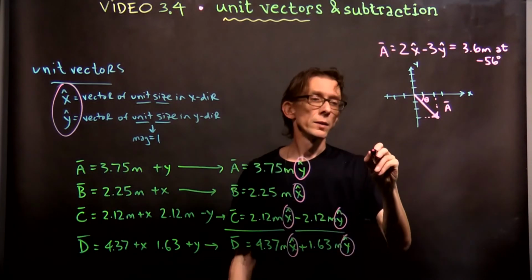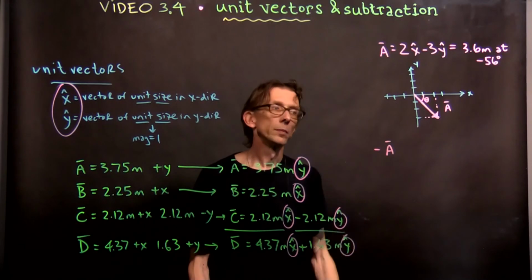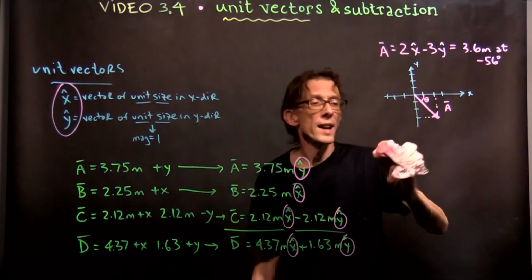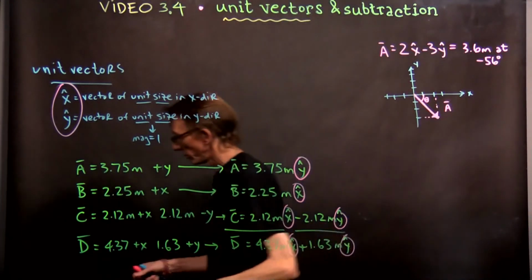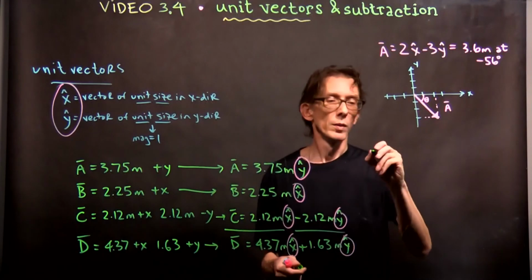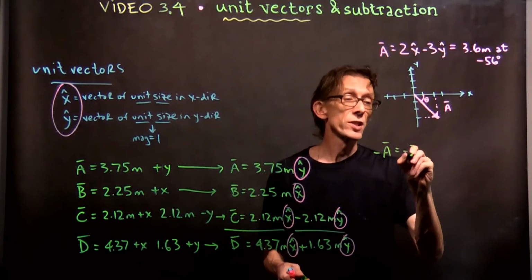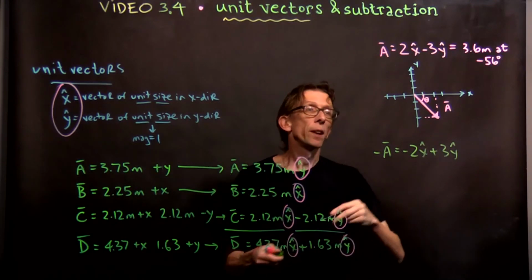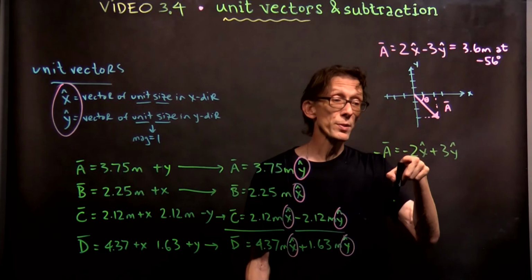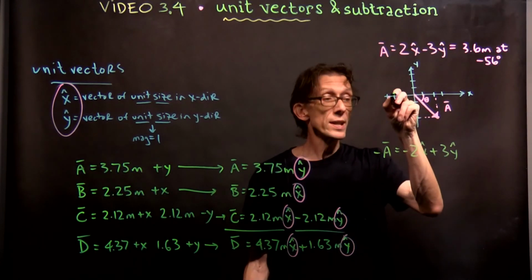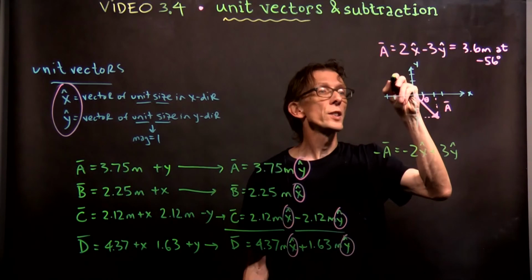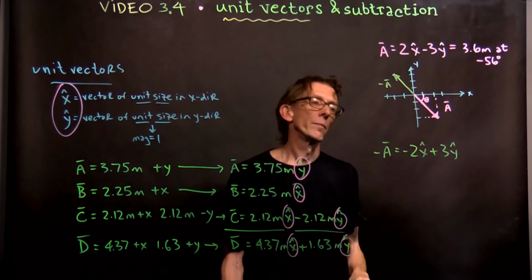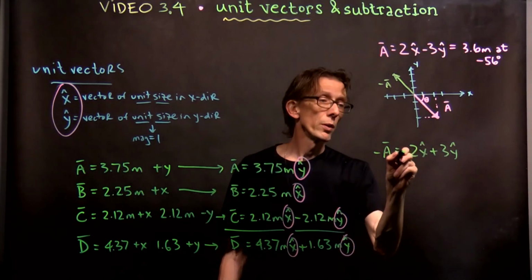So minus A is minus 2x plus 3y. That vector looks like this. So now we're going 2 steps in the minus direction in x, 3 steps positive in the y direction right there. This is minus A. I just changed the signs on both the components.